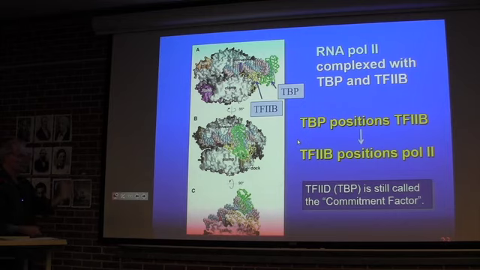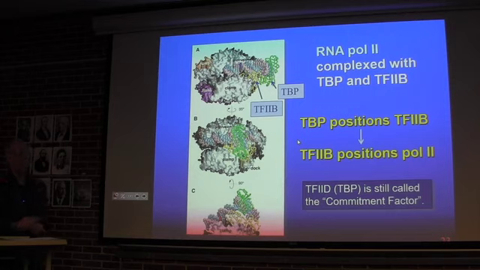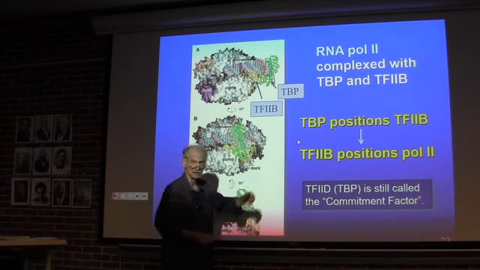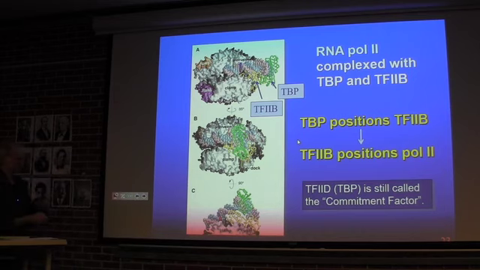TBP and TF2D itself is called the commitment factor. Why don't you call TF2B the commitment factor? Because they don't. They call TBP that because it's involved in all the others. But TBP has something that looks like B also in the Pol3 promoter, so these two kind of work together.